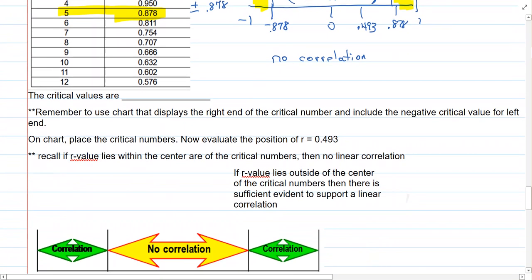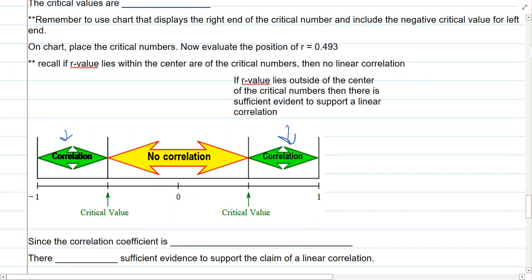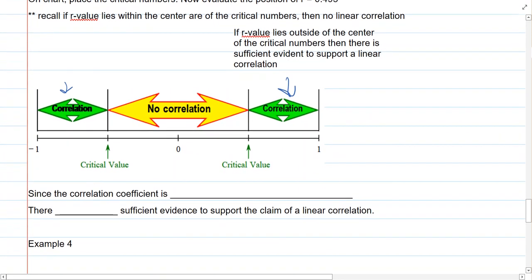So remember, there's correlation if the R lives in the areas either in the negative or the positive of that critical linear situation.